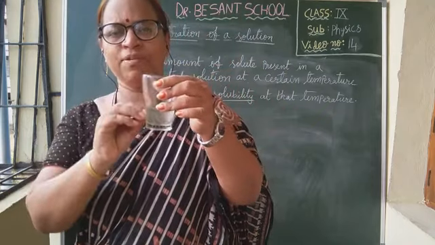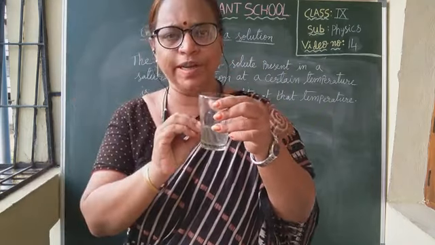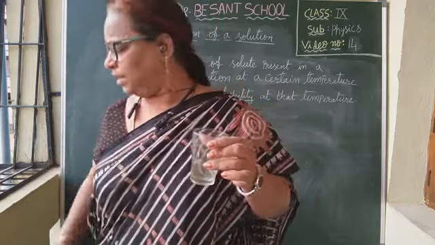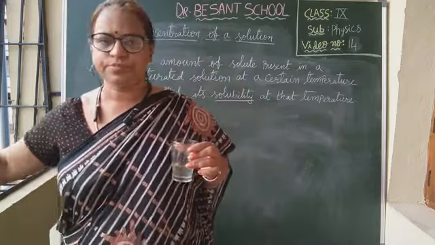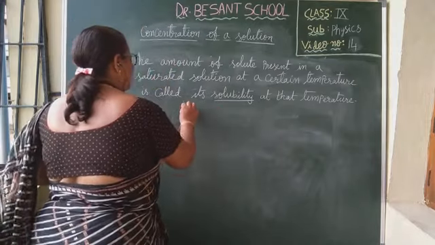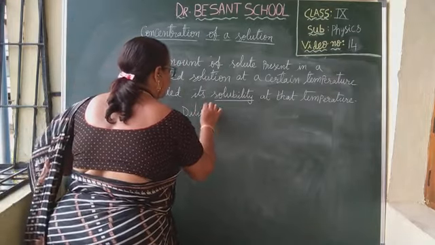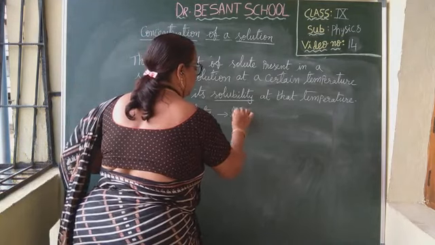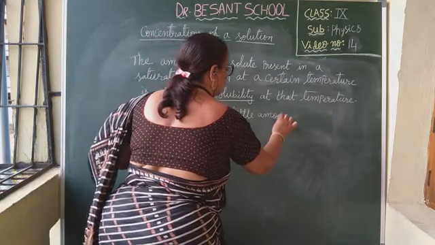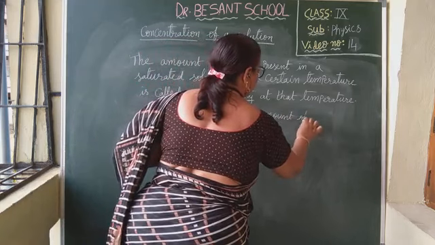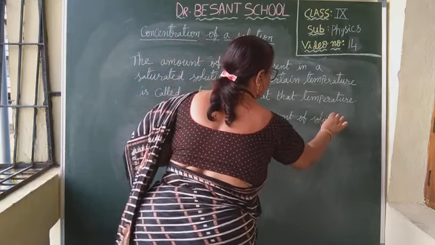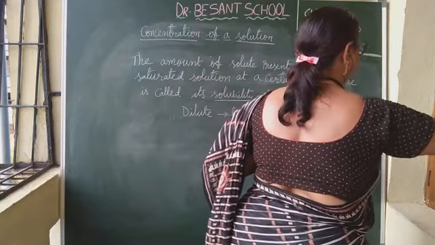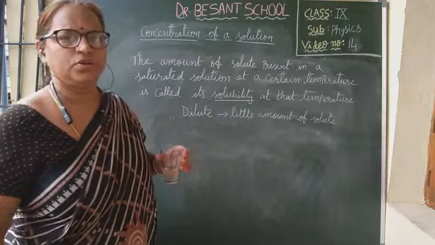When we have added a small amount of solute, it is called a dilute solution. When only a little amount of solute is present, we call it a dilute solution.